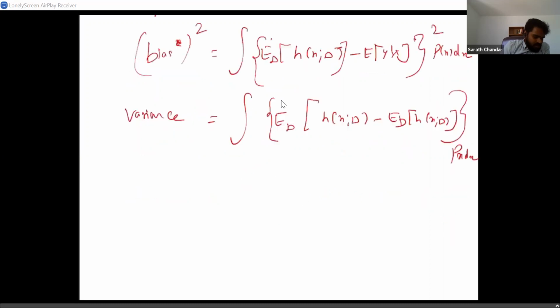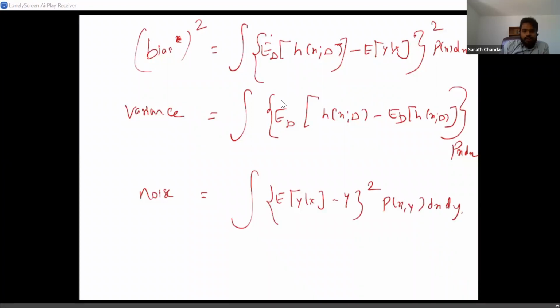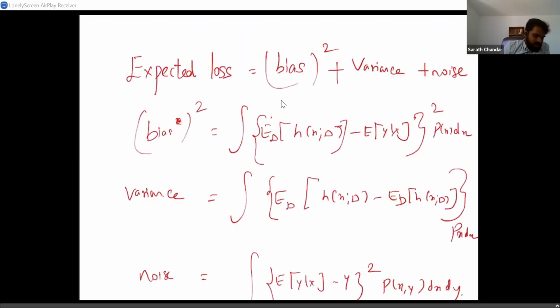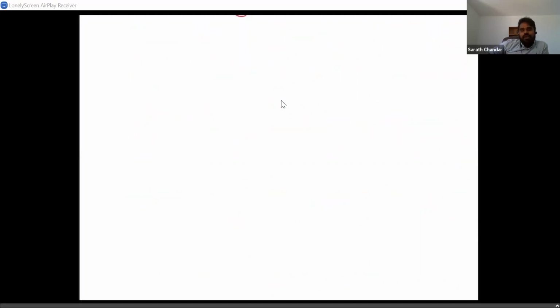And similarly, the noise is given simply by the variance, e of y given x minus y, the whole square, p of x comma y dx dy. Okay, it doesn't matter if you don't get these three equations, but let's summarize the entire discussion about empirical risk minimization in a cartoon.